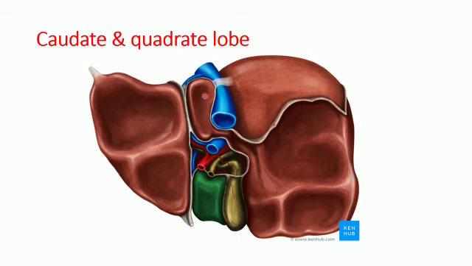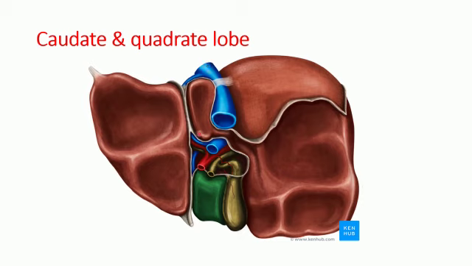It is bounded on the right side by the inferior vena cava, the groove for the inferior vena cava, on the left side by the fissure for the ligamentum venosum, above by the posterior-superior border, and below by the porta hepatis. So these are the boundaries of the caudate lobe.